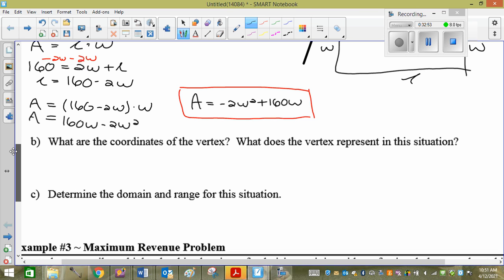Riley, what are we going to do in this case? Kylie. Riley's not here. Kylie. Yeah, vertex. So what is this going to look like? We have area is equal to negative 2. What does our setup look like?